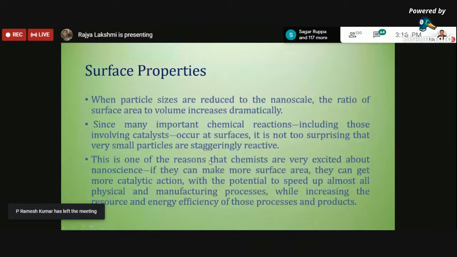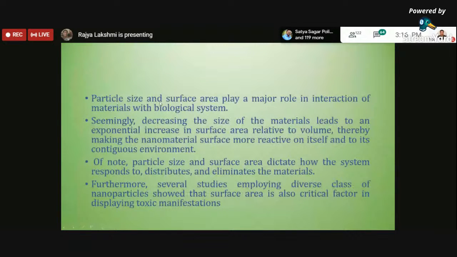These nano coatings are highly helpful to protect the surface from various wear conditions, different types of wear, and environmental impacts. Already I have mentioned particle size and surface area play a major role in the interaction of the material with the biological system. If you decrease the particle size, it leads to an exponential increase in surface area, especially relative to volume.